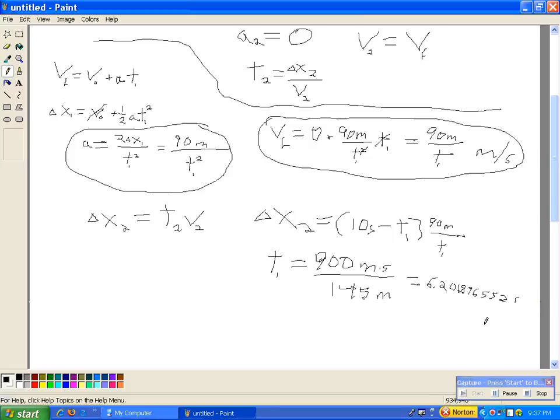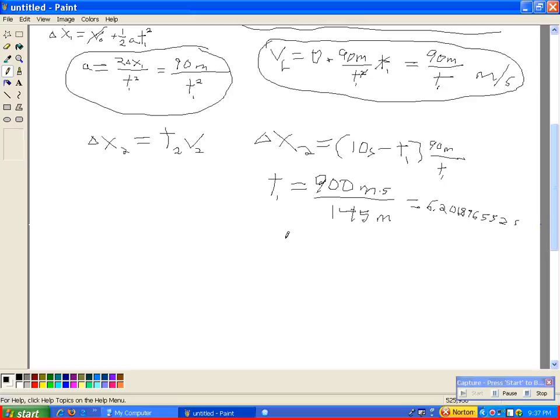seconds. Great. So we found the time, and that's a major step, because now that we know the time, we could plug that into acceleration, which is 90 meters over t1 squared.